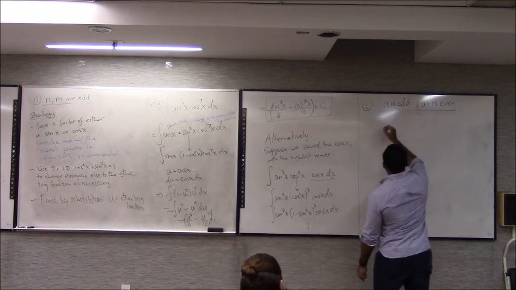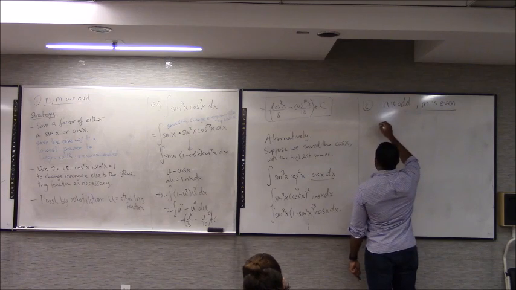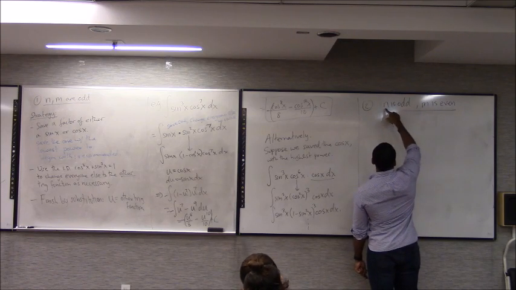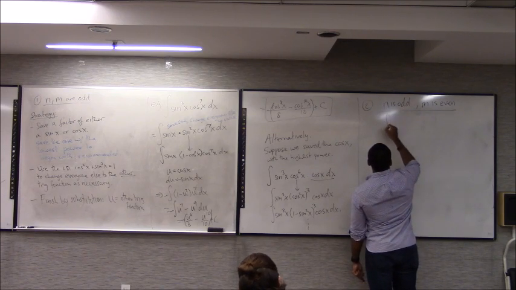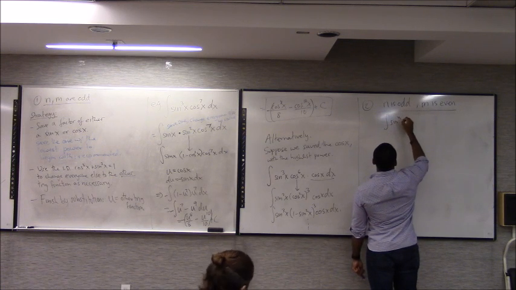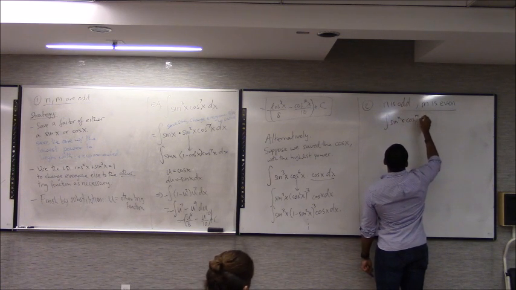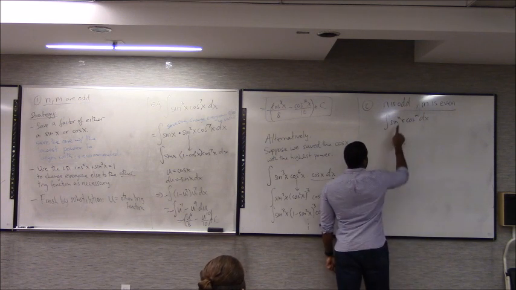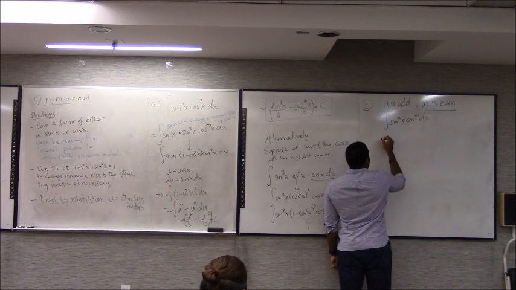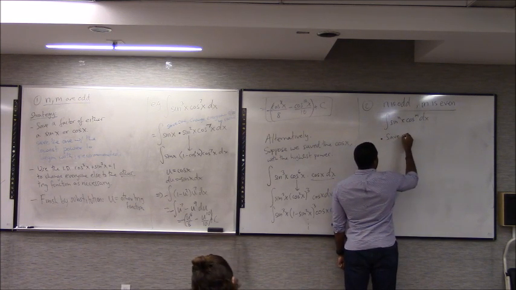So the idea here is, I had the integral of sine to the n, cosine to the m dx. So if the n is odd, you're definitely going to choose to save a factor of the sine.